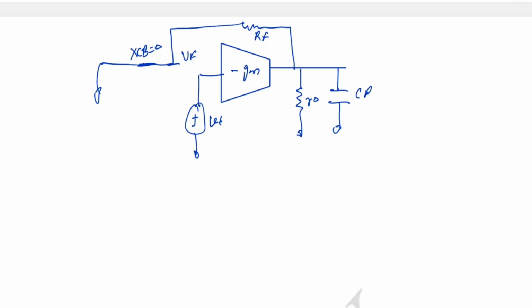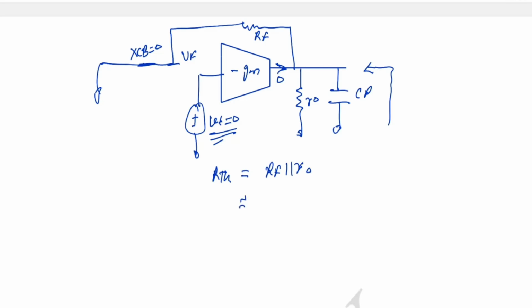Now to calculate Rth looking from Cp, again we put our input to 0, so we put this Vt to 0, so this current will be 0. Now if you look from this side, R0 and Rf are in parallel. So Rth equals Rf parallel R0.